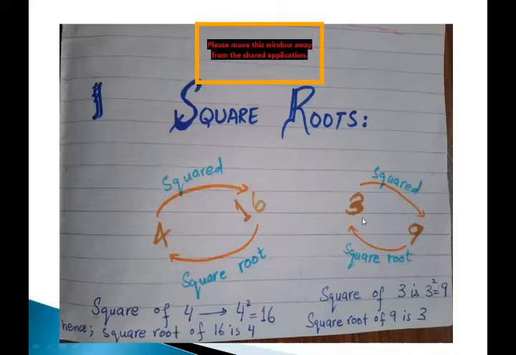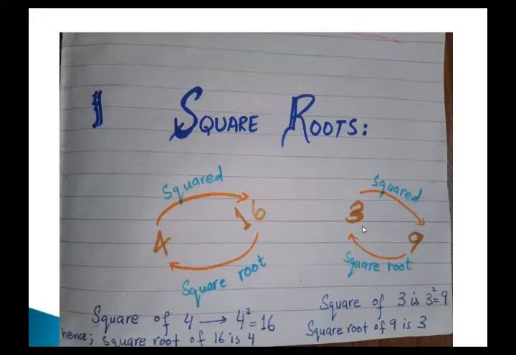Here is another one: 3 squared is 9, so 3 is the square root of 9. Whenever we have to get the square, we multiply that number with itself two times. And when we have to get the square root, we just do the opposite.